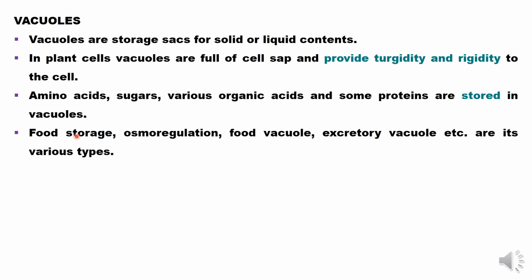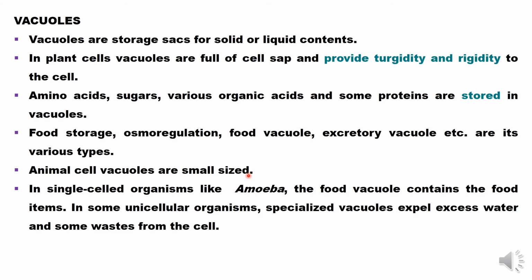Let us see how. So, animal cell vacuoles will be smaller in size, and they will not be permanent as in case of plant cells. They will appear and disappear according to their requirement by the cell. And what are those functions? For example, simple single-celled organisms like amoeba engulf their food item, and that food item engulfed inside becomes a food vacuole.